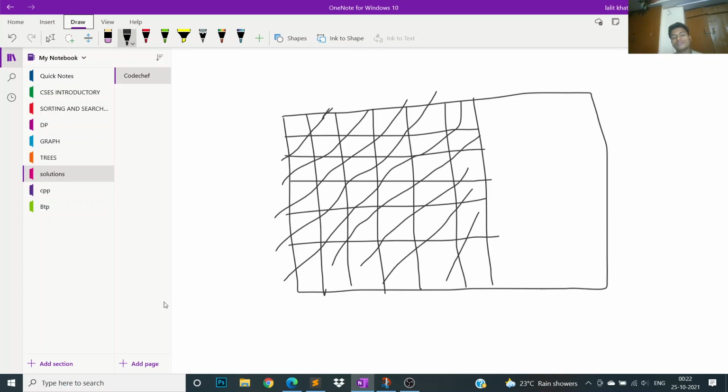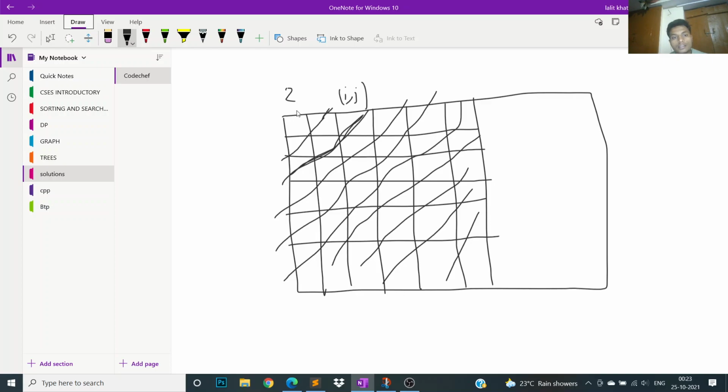So we have to check how many blocks are in this. You can see that the sum of the indices, if we mark the cell as i comma j, then the sum along each diagonal line will be the same and in increasing order.